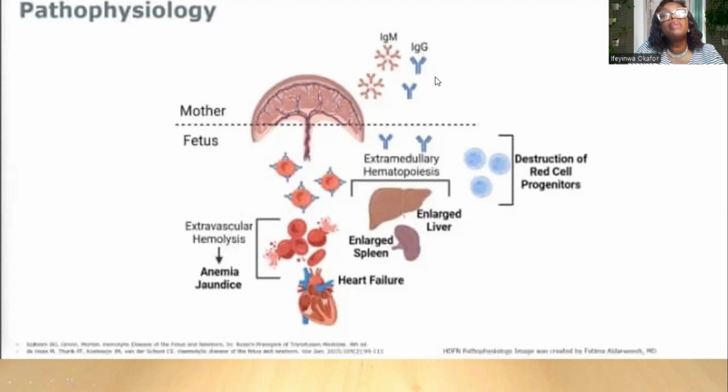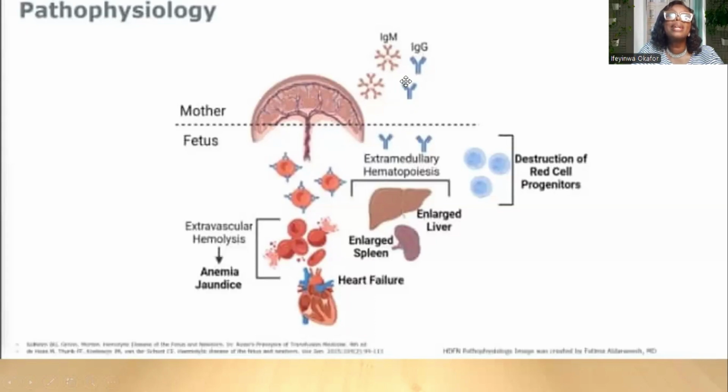But the majority of them can also be IgG. And these IgG antibodies are found in some blood group systems like the Rh blood group system, Kell blood group system, Kidd blood group system, Duffy blood group system, and even some others that are blood group O. These IgG antibodies have the capacity to cross the placenta.